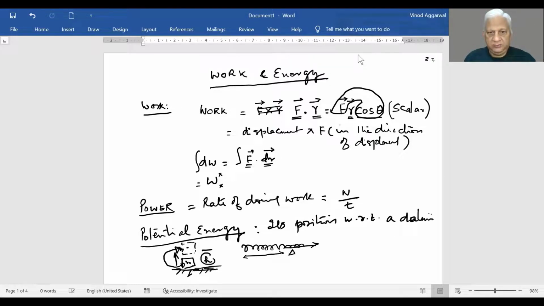Let us say you stretch it by a distance of delta x. Now what happens is, the force that you applied, you have done some work to stretch it. This work gets stored in the spring. And this energy which is stored in the spring is called potential energy. Okay.